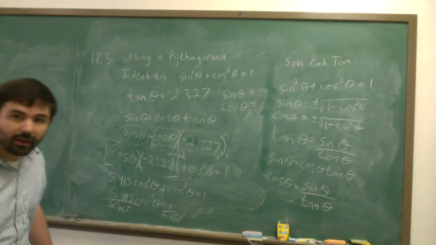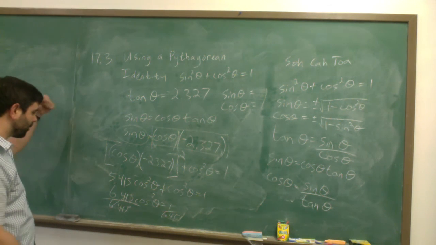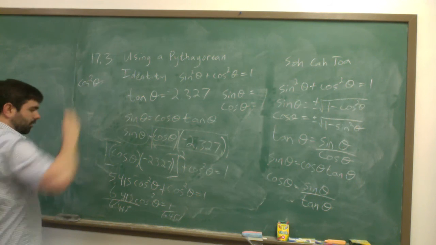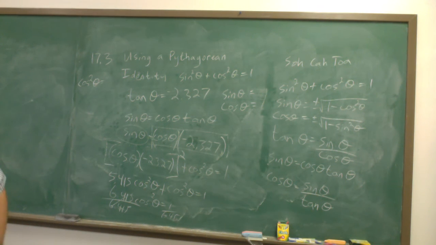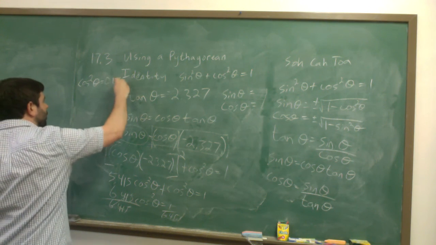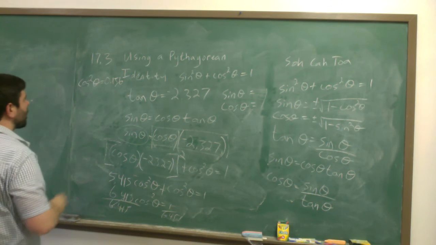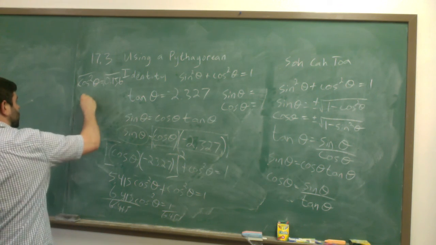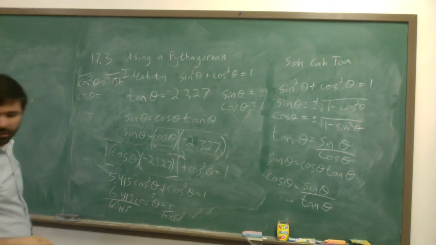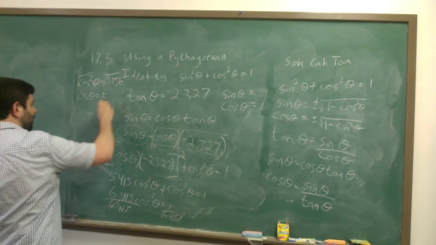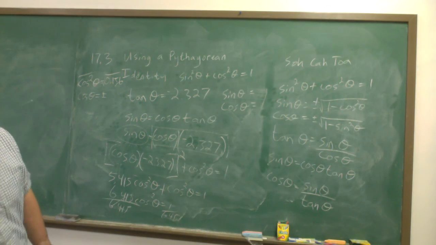And now we have cosine squared theta equals 0.156, and taking the square root, cosine theta equals plus or minus 0.395.